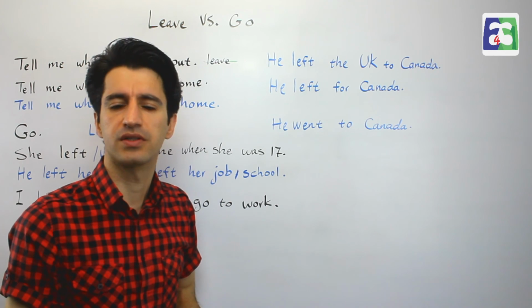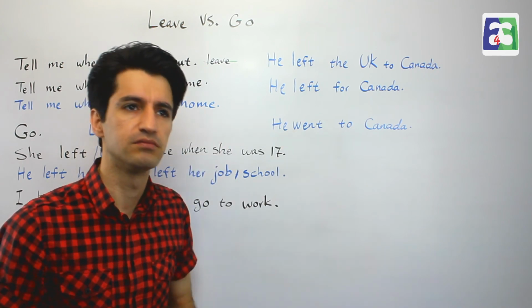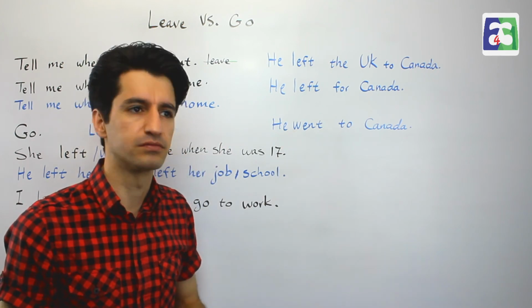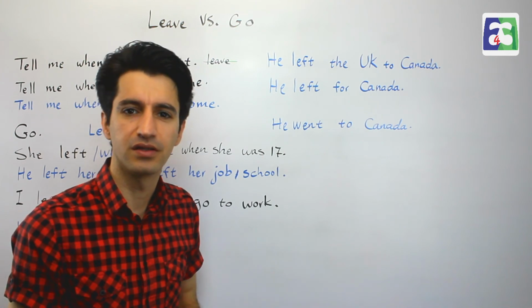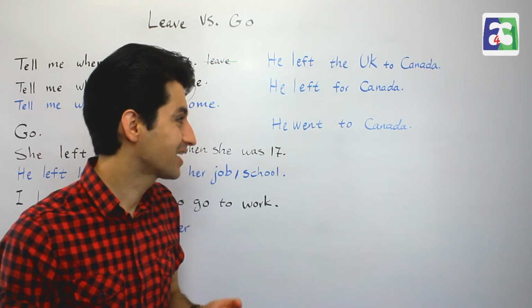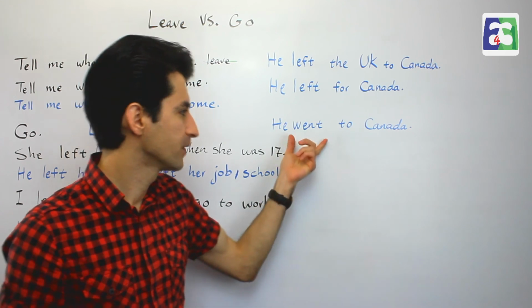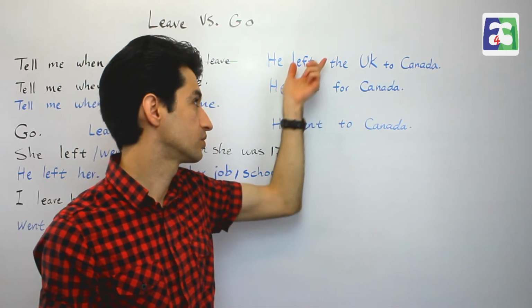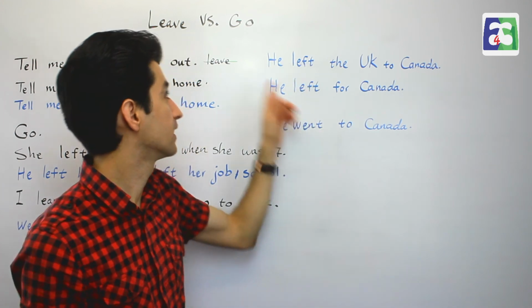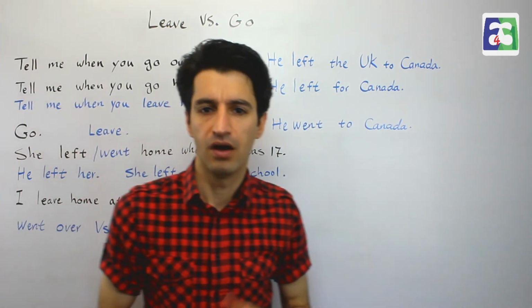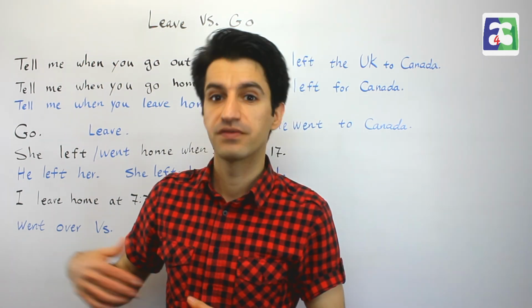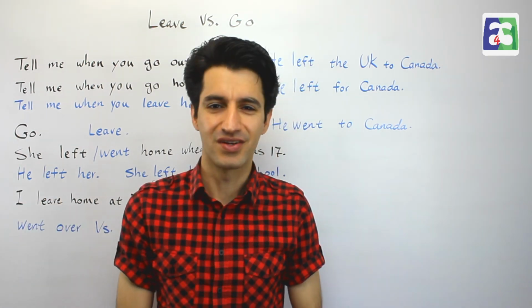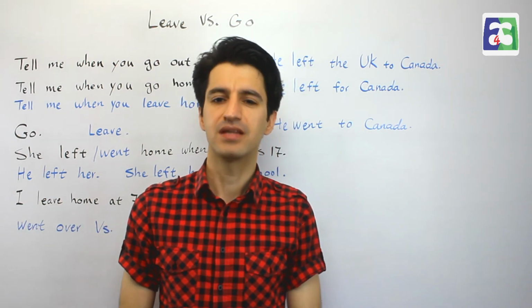Maybe it is possible that the person is in the airport or in the airplane. It can be that as well, but most probably the person is in Canada, not like those two over there. So once again, left is focused on the current place, go is focused on the destination. That is the main difference.